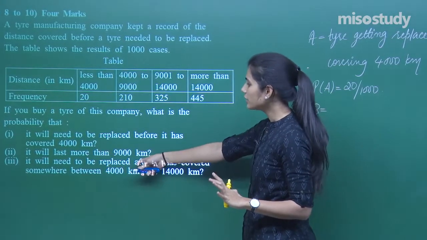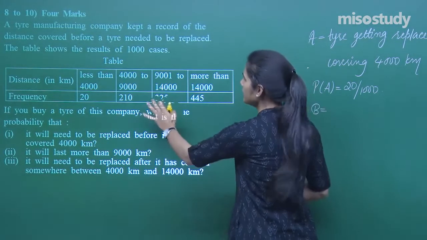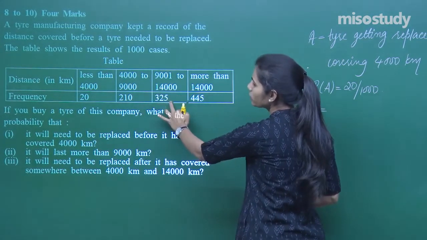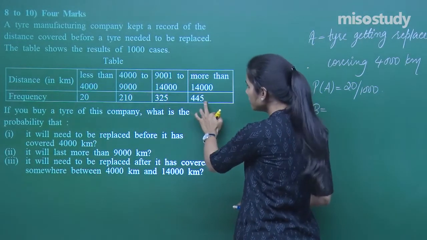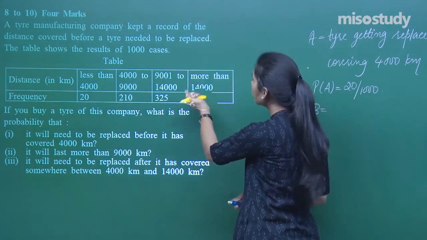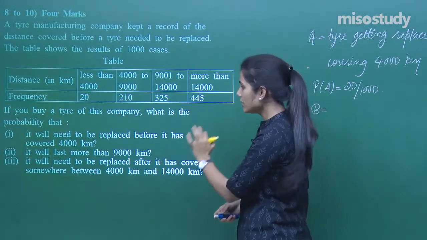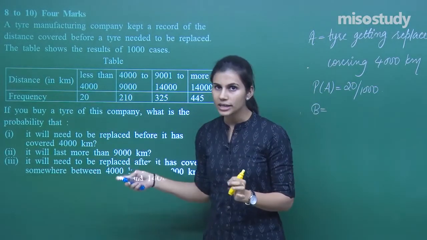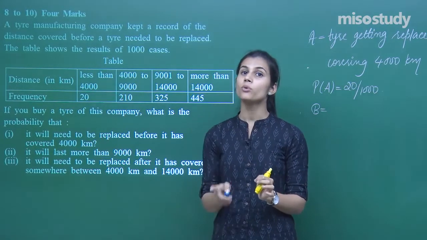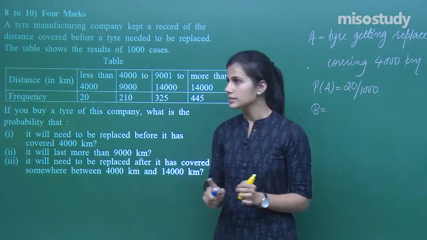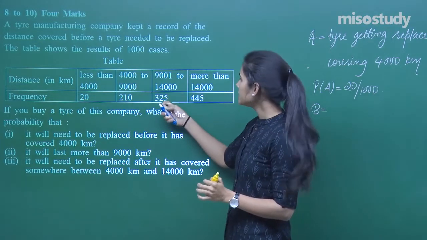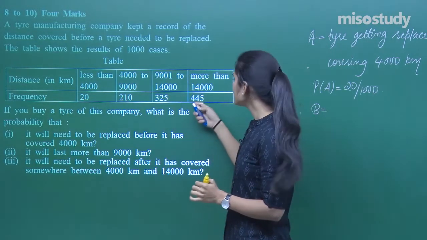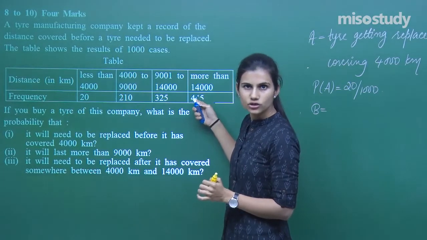Here the tire is supposed to be changed when it has covered distance between 9001 to 14000, and here the tire is getting changed when it has covered more than 14000 distance. More than 9000 is these two cases. In this case 325 tires need to be changed, in this case 445 tires need to be changed.